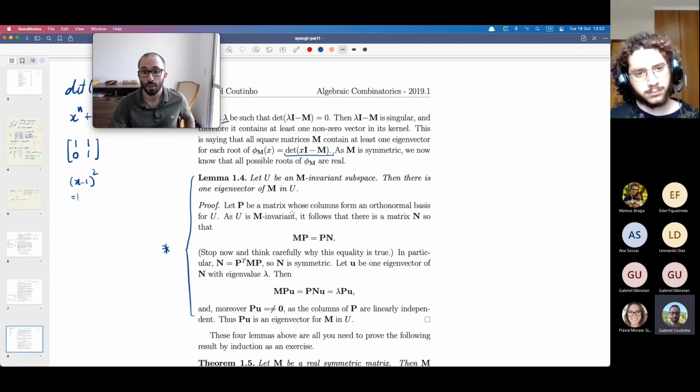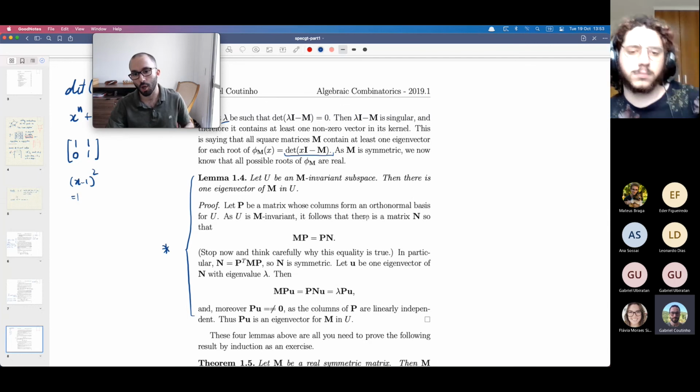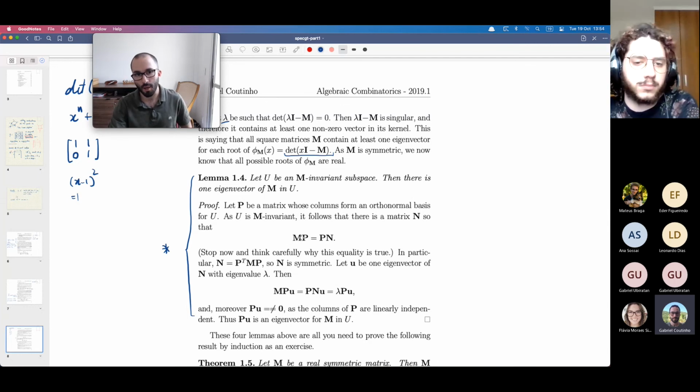All right, so I pick P to be a matrix whose columns form an orthonormal basis for U. Because U is M invariant, when I multiply each column by M, I get something which is a linear combination of the columns.